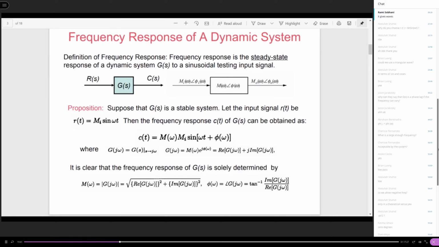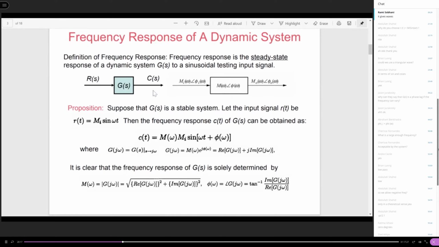Because of that, we can find out the relation between M_O and phi_O, which are the output signal's magnitude and initial phase, and M of omega and phi of omega. Why? Because this M of omega and phi of omega can actually be obtained from the transfer function G of s.